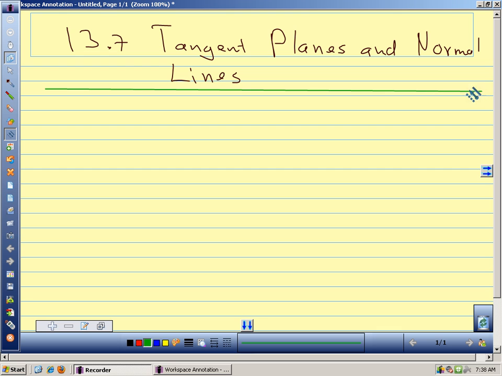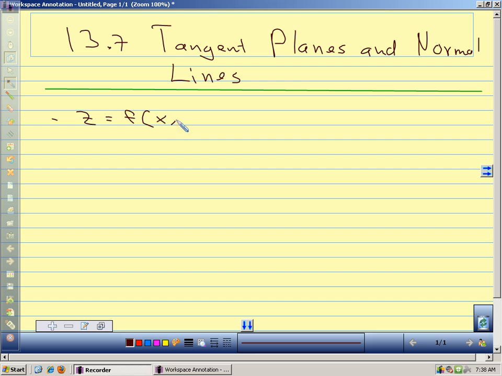We spent the last couple of lessons talking about the gradient and how it relates to level curves of a function. Just a recap: if we have z equals f of x, y, and that equals a constant, these are level curves, and we figured out yesterday that the gradient is normal to these level curves.